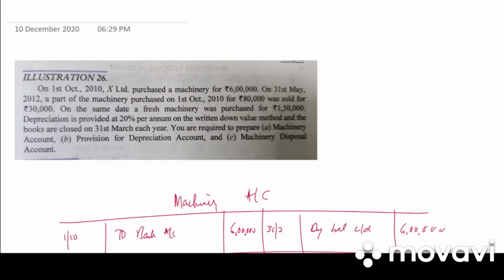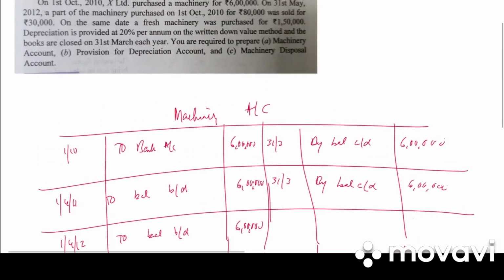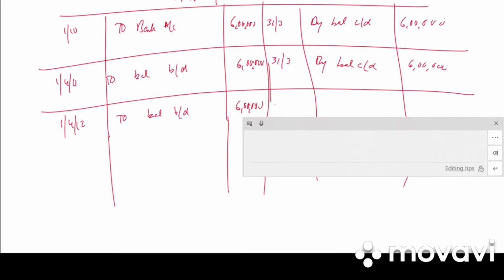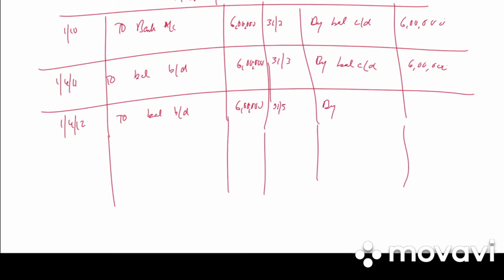On May 31st, a part of machinery purchased on 1st October was sold for 30,000. So on 31st May, by machinery disposal account, 80,000 machine we have sold.